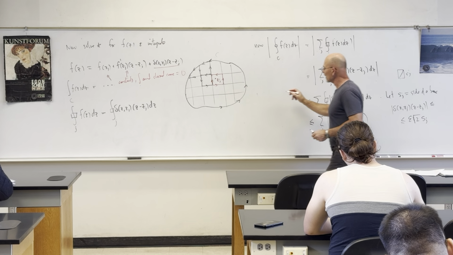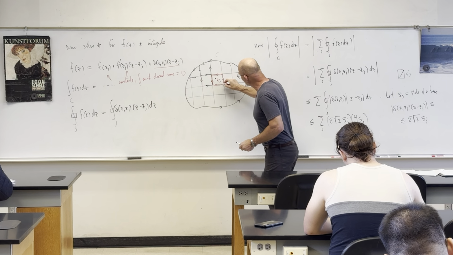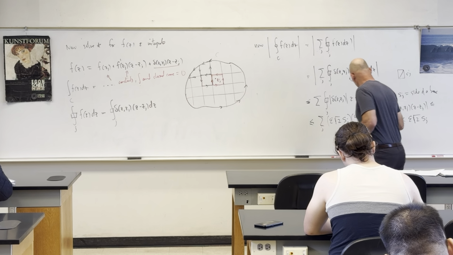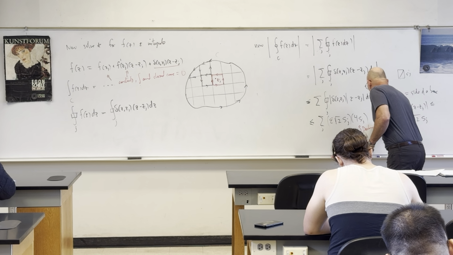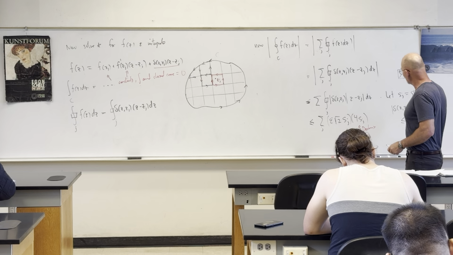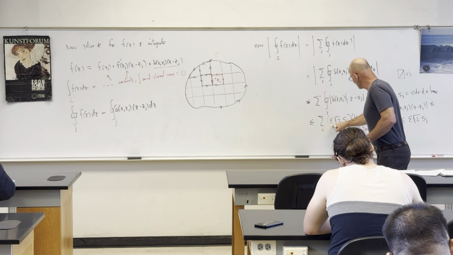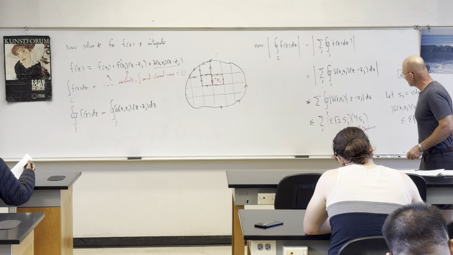This is the length around the perimeter, Darboux inequality, so this is Darboux. And this is what I just made use of here: arbitrarily small box, root 2 diagonal.